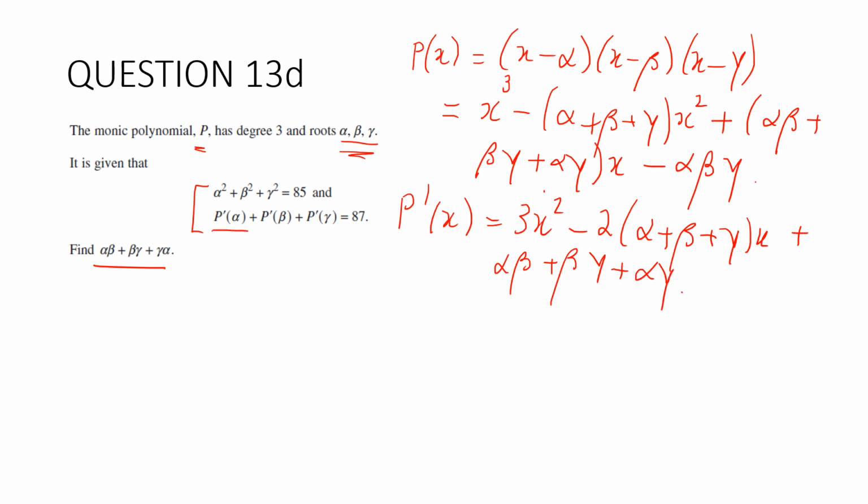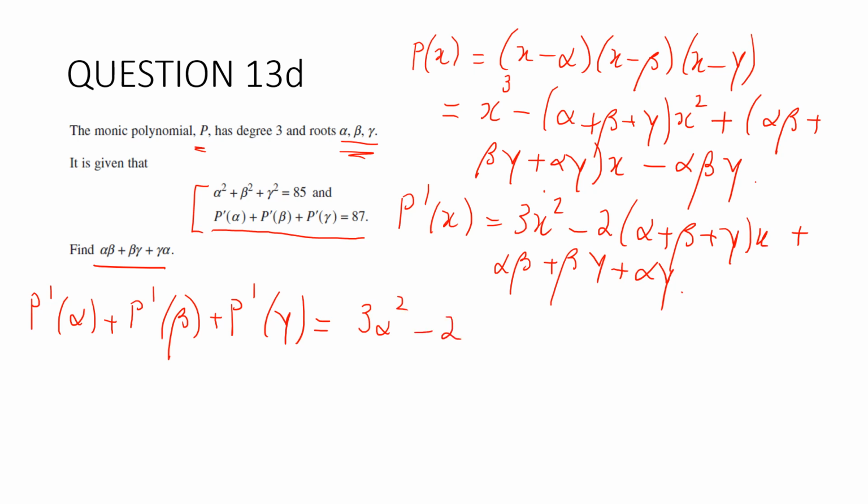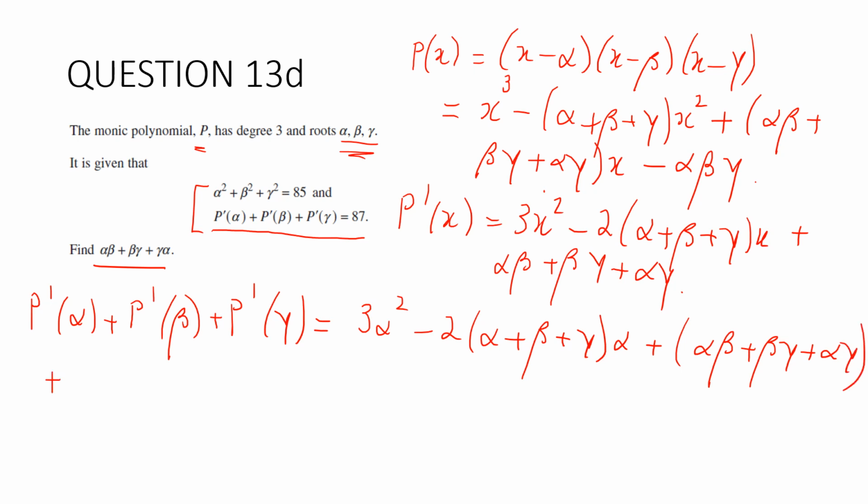All right, now let's use this equation here. So p dashed of alpha plus p dashed of beta plus p dashed of gamma is equal to, are you ready? 3 alpha squared minus 2 alpha plus beta plus gamma alpha plus, put this in brackets, alpha beta plus beta gamma plus alpha gamma, plus 3 lots of beta squared, take away 2 lots of alpha plus beta plus gamma times beta.